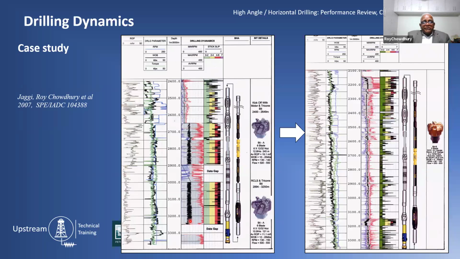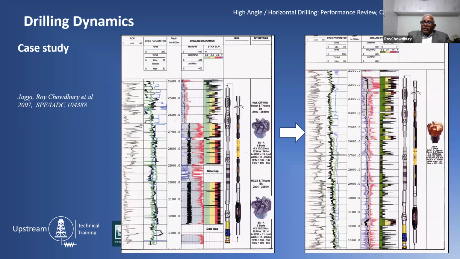Let's try to understand what exactly this is telling us. The blue line is almost coming to zero, which means the bit is almost coming to a standstill. It is sticking and then starts spinning. So this is an extreme example of stick and slip. As you apply more torque from the surface, the bit slips and it rotates.